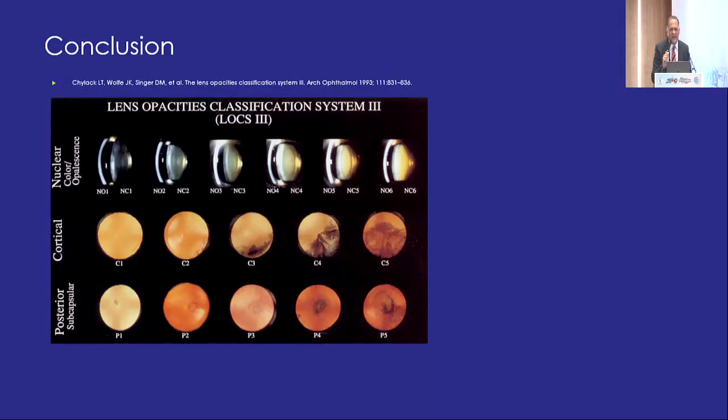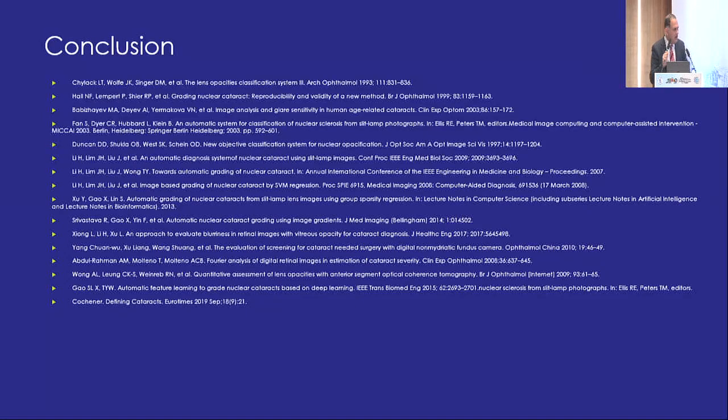So we definitely need to rethink how we approach cataract. Everyone approaches it, and we're trying to classify it more, and for 30 years or more now the LOCS classification has been there.